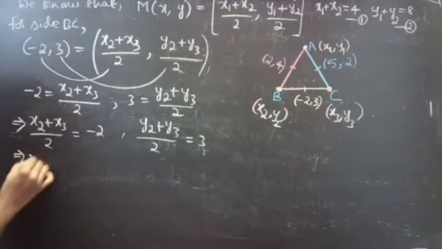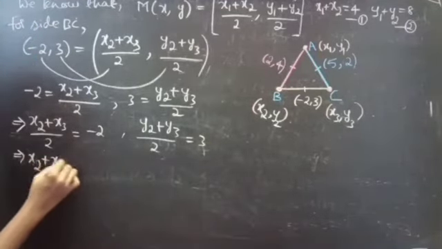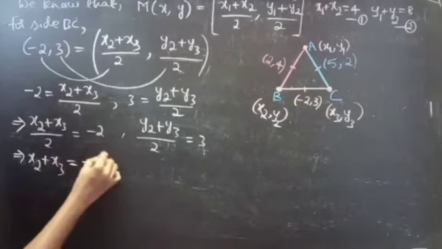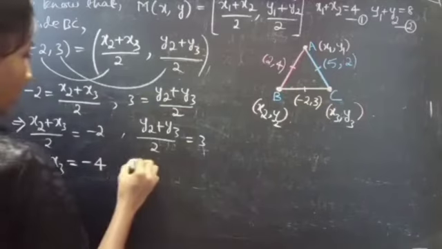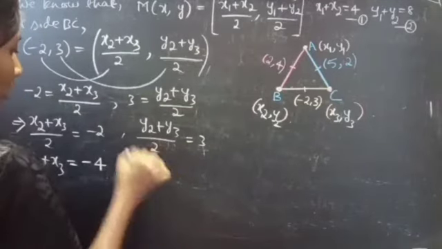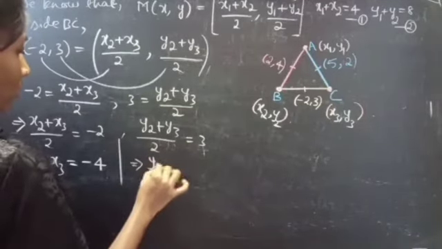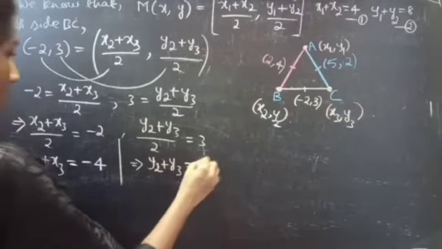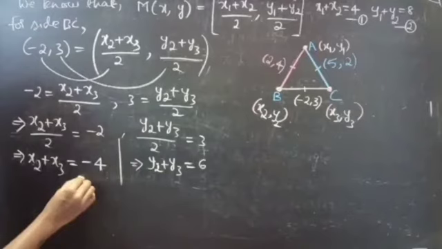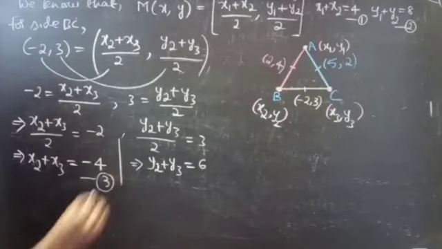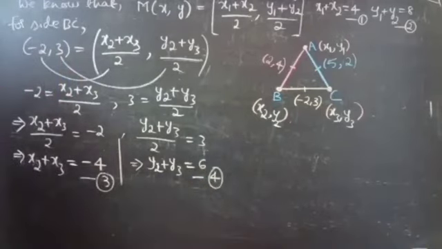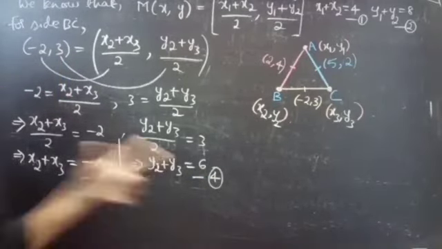From this you'll get x2 + x3 equals -2 times 2, which is -4, and y2 + y3 equals 2 times 3, which is 6. Consider this as equation 3 and this as equation 4. From side BC, we have equations 3 and 4.